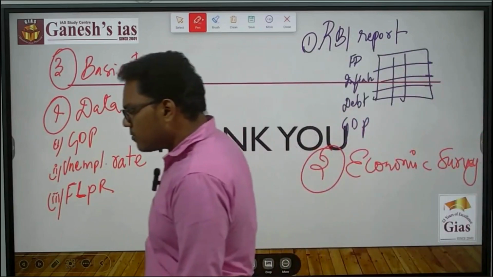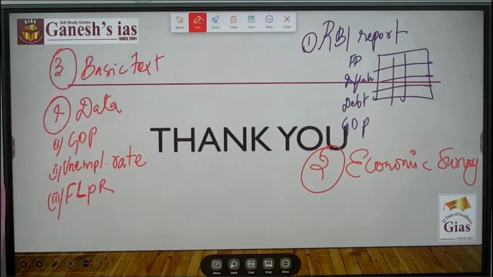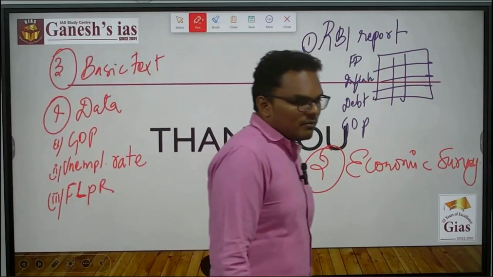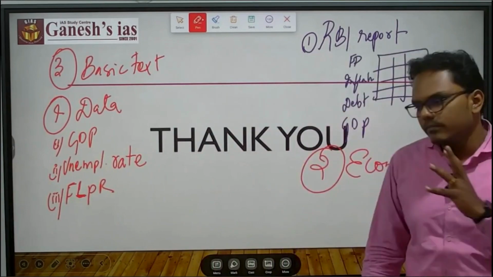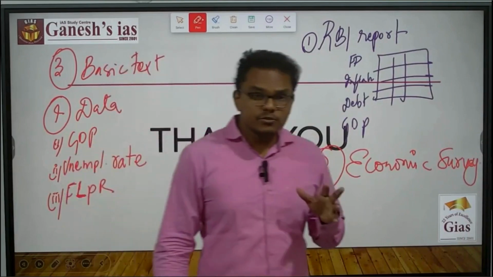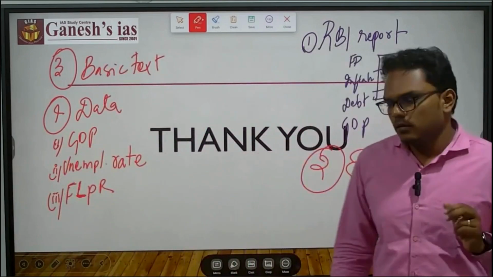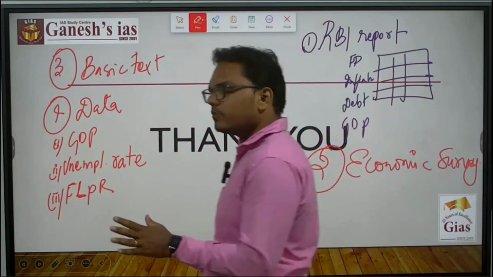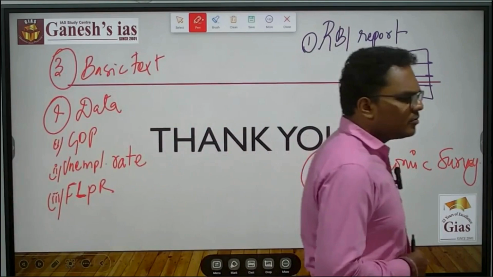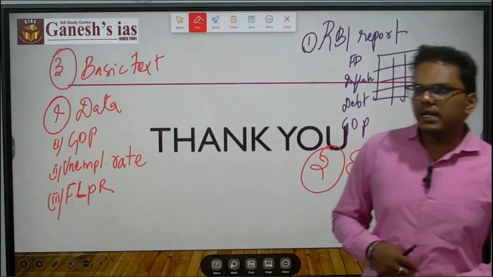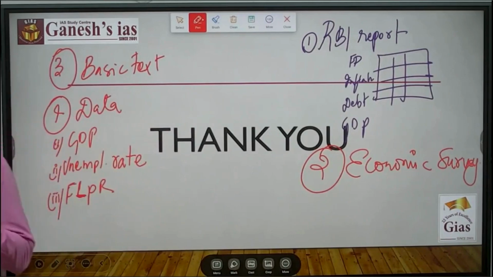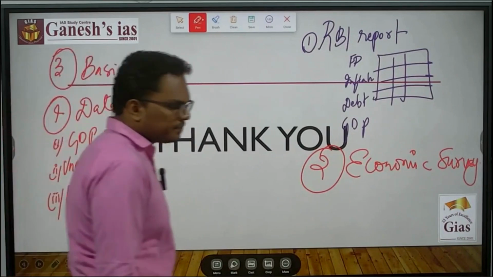I think economy is relatively, actually all subjects, all areas are scoring. But the thing with economy is you are tested on basic concepts, data, trends, analysis, institutions. So if you cover basics of everything, out of the total 17 to 18 questions, 15 to 18 questions that are asked in economy, sure shot you'll be able to get at least 10 to 12 right.